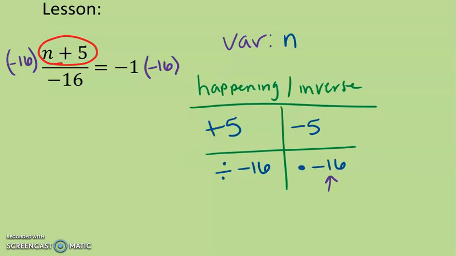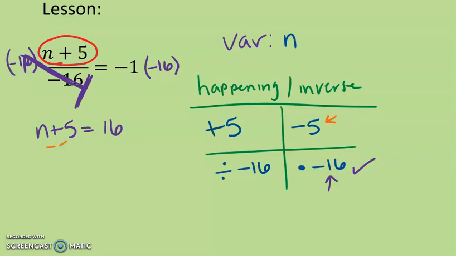And now I'm going to simplify. So I have negative 16 in the numerator, negative 16 in the denominator, and those just give me a real fancy version of 1. So up top, I'm left with n plus 5 equals negative 1 times negative 16 is a positive 16. All right, so that part's done. I've checked it. Next thing that I need to do is to now subtract 5, because that's what's left in my table of inverses.